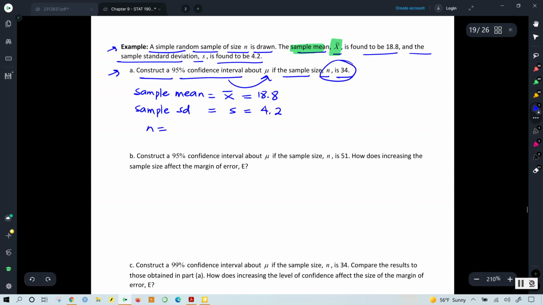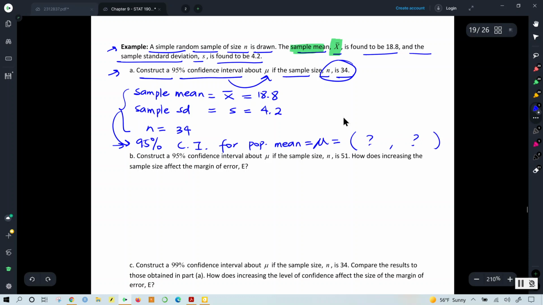Then we have the sample size in this part of this problem, which is n equals 34. And we want to use these three pieces of information to construct a 95% confidence interval for the population mean, which is represented by mu. This will be equal to, we need to find the lower and the upper bound.